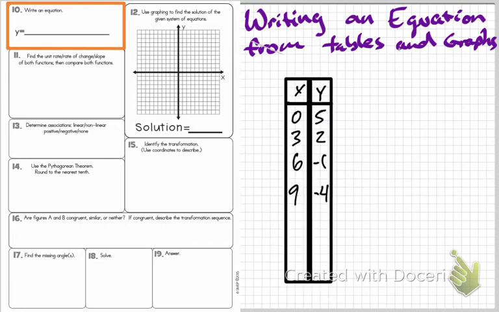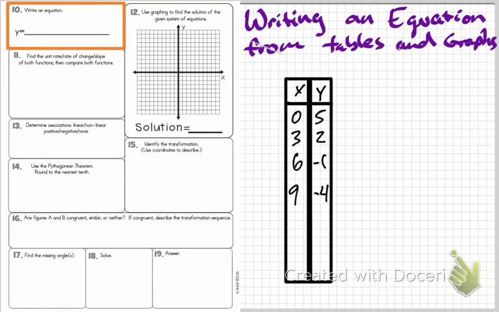Let's go ahead and take a look at another table. In this particular table, you're going to notice that what we described in the last problem doesn't actually happen, right? I'm increasing by 3 on my x values, and so it makes it a little bit difficult to find the slope.